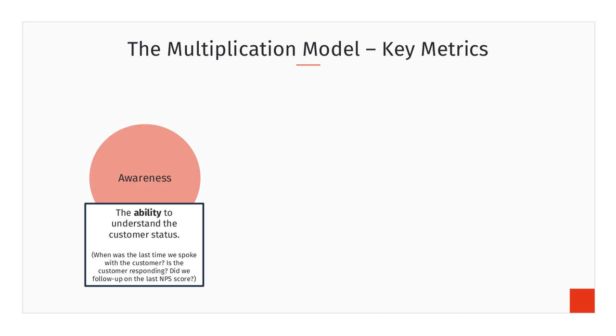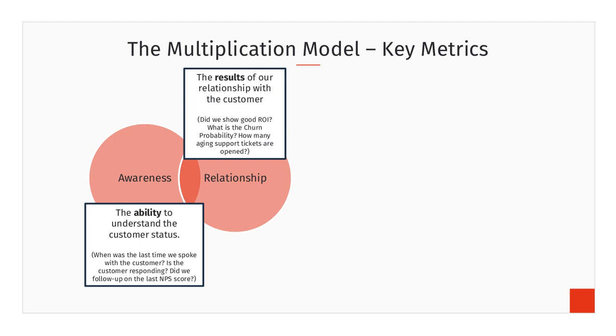The first thing that we want to know, and we call it awareness: do we have the ability to understand the customer status? Lots of questions, such as, when was the last time we spoke with the customer? Is the customer responding? Did we follow up on the last NPS score? All of those basically mark our ability to understand how the customer is doing.